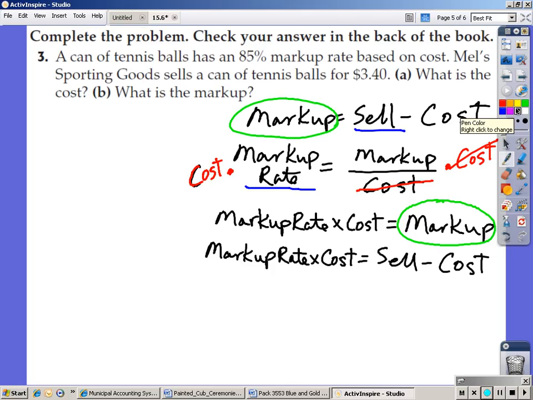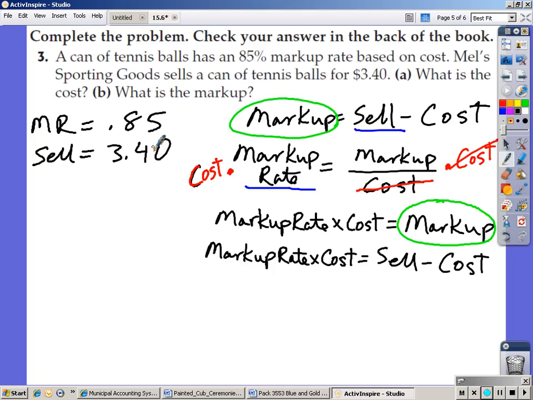Mel Sporting Goods sells a can of tennis balls for $3.40. What is the cost? What is the markup? So, write down what you know. Your markup rate is 85% or 0.85. Your selling price is $3.40.